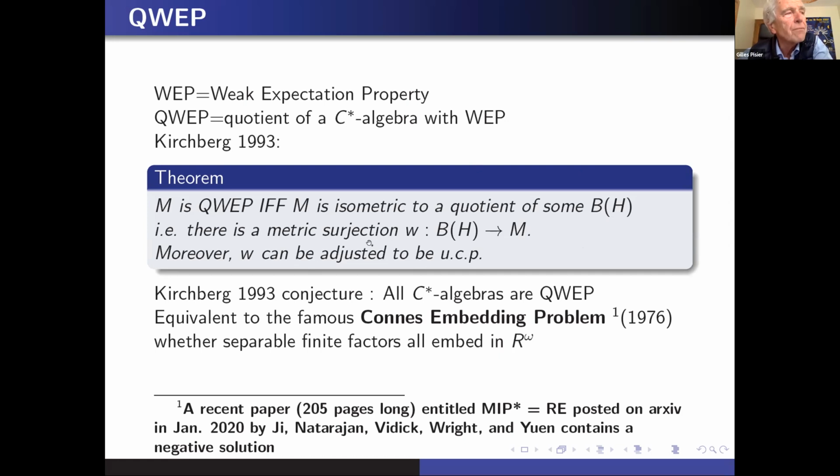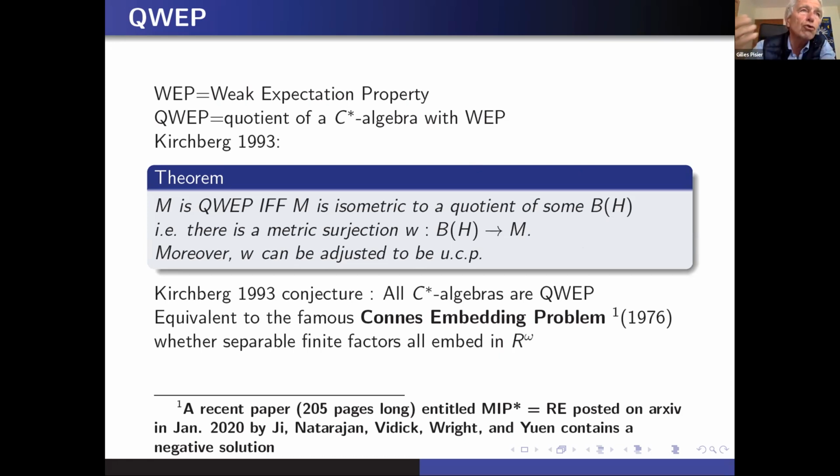But in fact, it's also equivalent to saying that there is a metric surjection from B of H to M which is unital completely positive, so it's the closest to a C-star representation. You can't get a C-star representation.